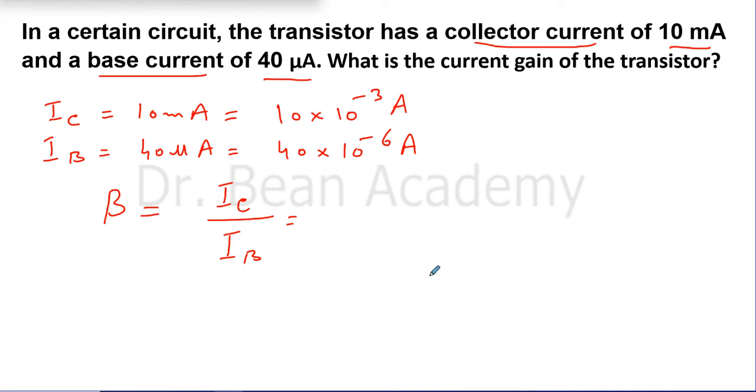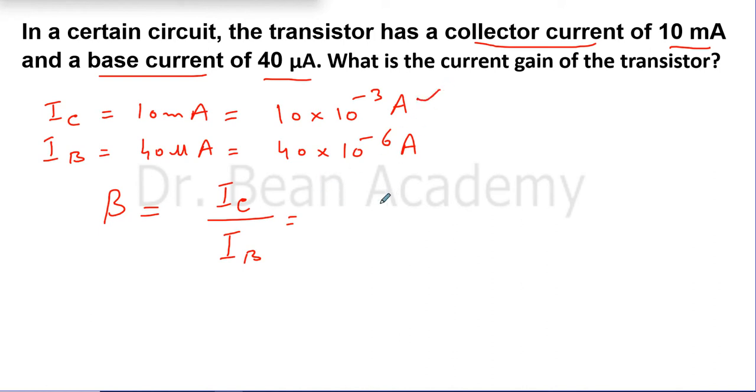So I have IC, I have IB, and I know about beta, that is the current gain of the transistor, because when the transistor is in common emitter mode, we are interested in the ratio of IC over IB, because in common emitter mode the base is working like the input current and collector is of course the output current. So I will write these values.